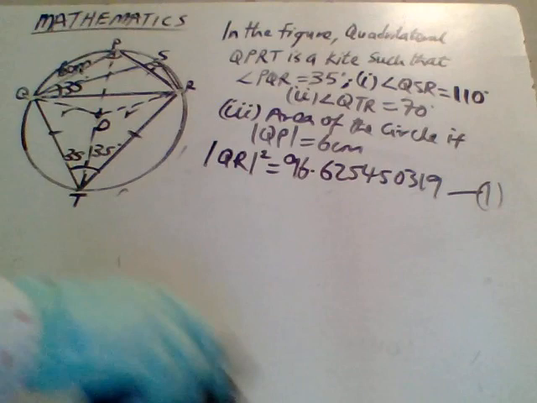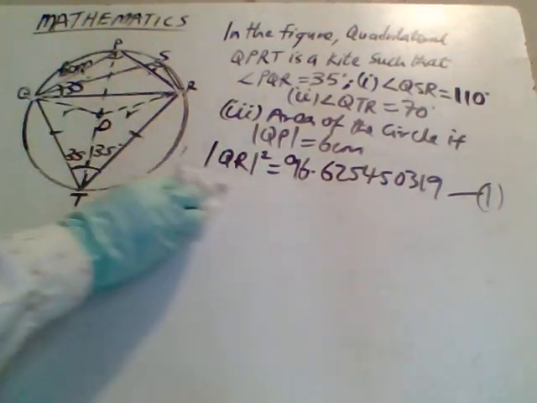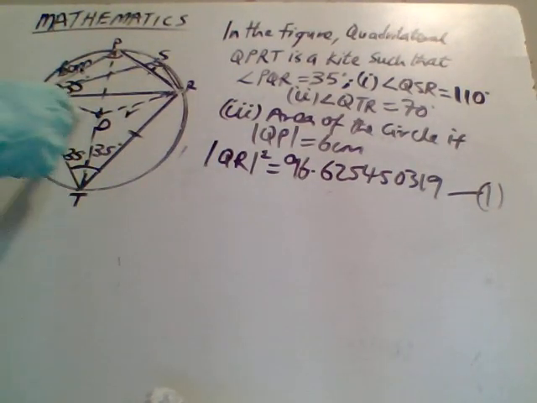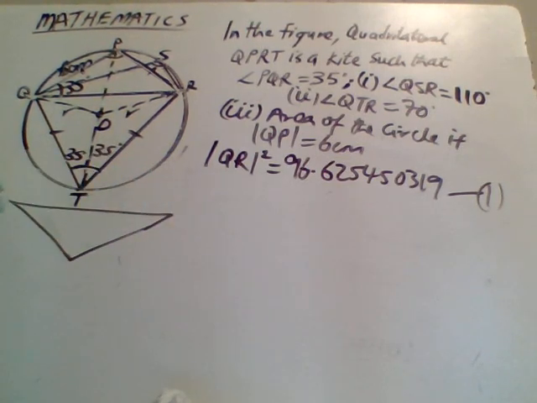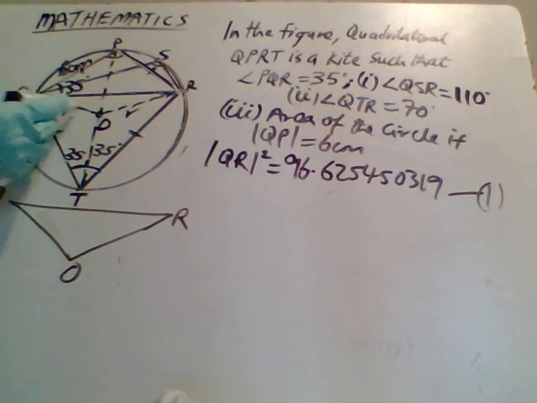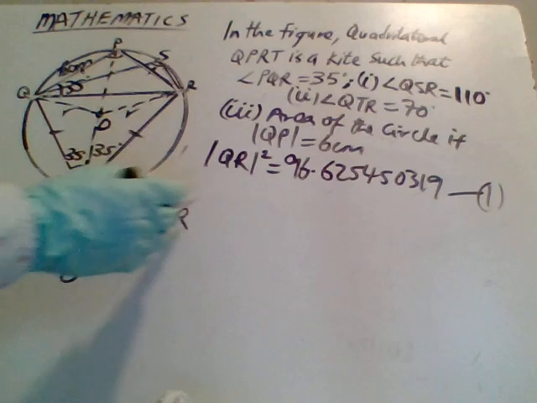So the next is to consider this triangle here. See how the triangle looks like. I may not draw it very well. Here is Q, here is R, and here is O. This triangle here with dash. Here is R, here is R. We have gotten your R to be this value.